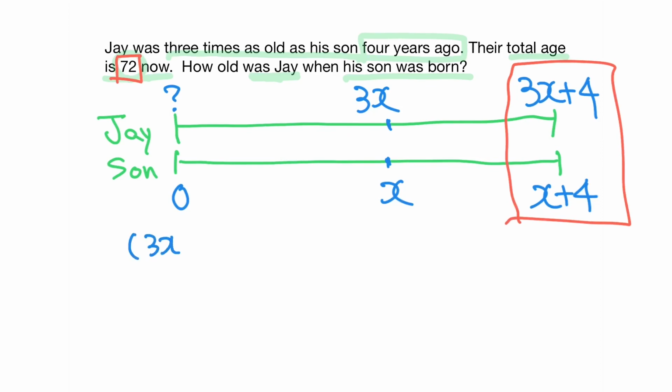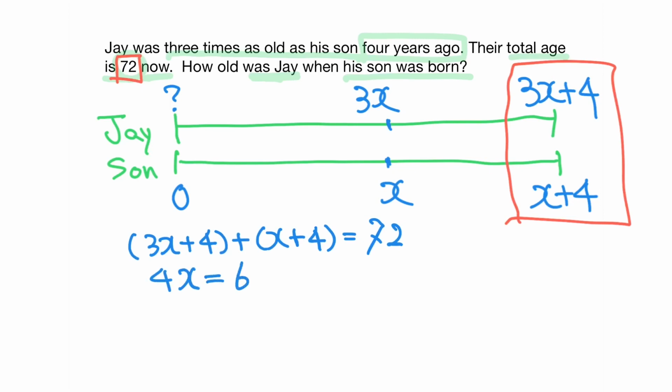The total age is 3x plus 4 plus x plus 4 equals 72. 4x equals 64. Divided by 4, x equals 16.